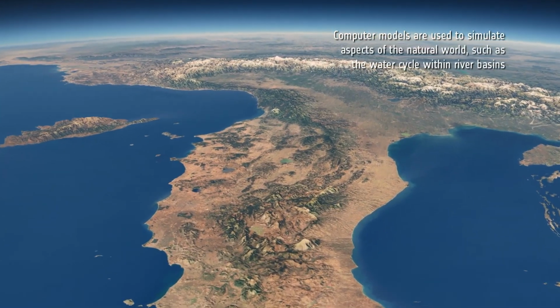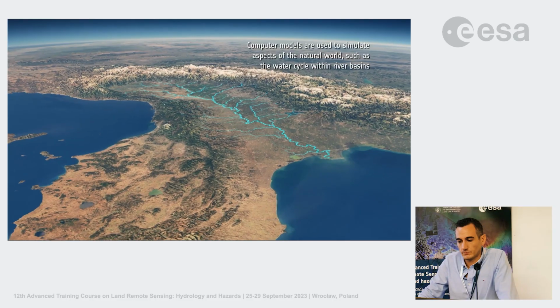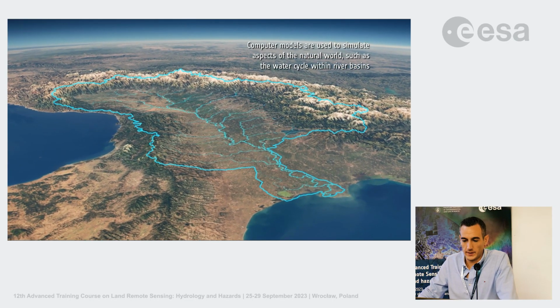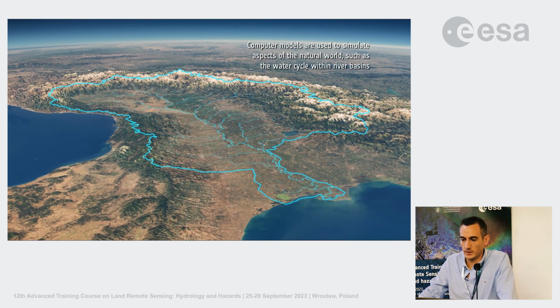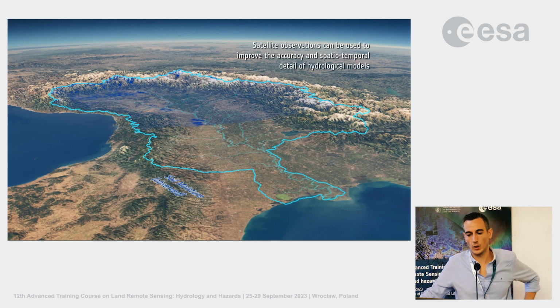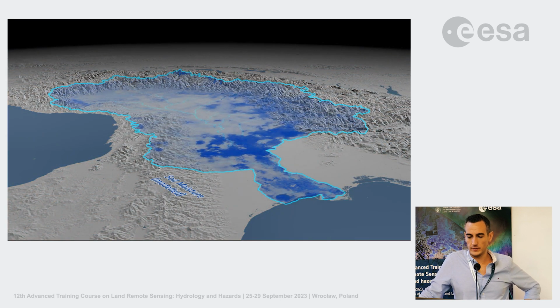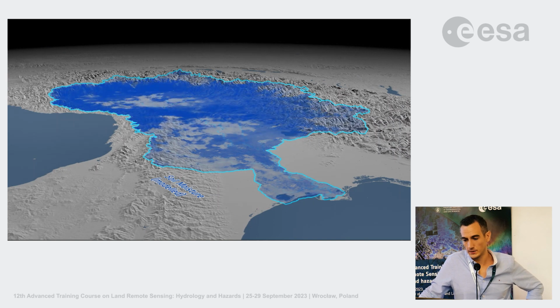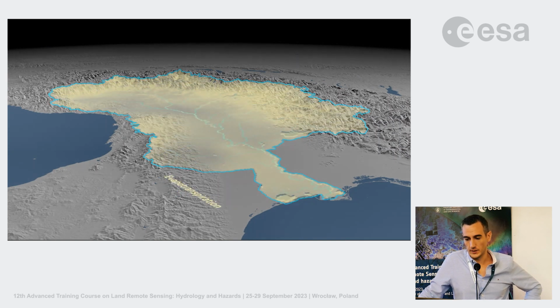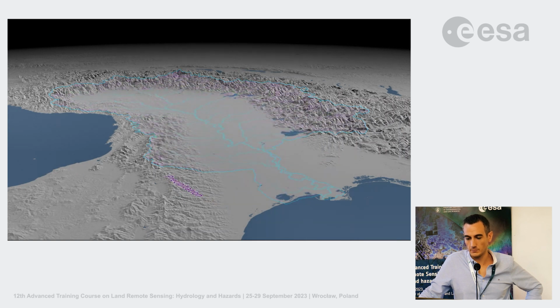Before continuing, there is a video that probably explains the concept of a digital twin for hydrology much better than me. This was developed for the first prototype over the Po Valley. We have the Po Valley, we have the datasets, soil moisture, both from satellite and model, just to see that satellites have spatial and temporal gaps that models can overcome.